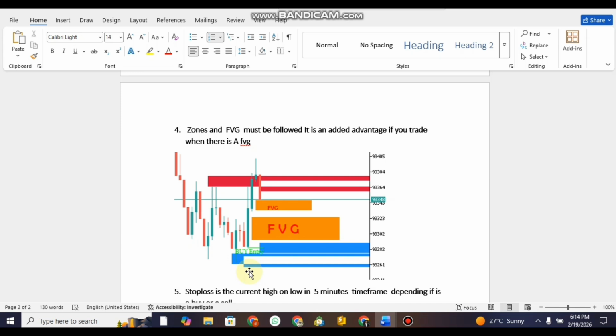Either the market is far away from a blue zone, and when I'm talking about blue zone, it must be on 30 minutes time frame, 1 hour or 4 hours. So it is higher time frame. The market should not be near a blue zone. Or the market is near the red zone, the opposite. That is for boom and gain indices.